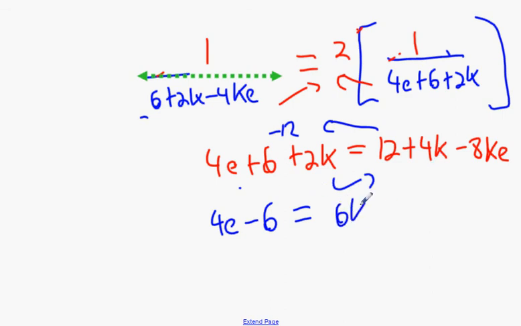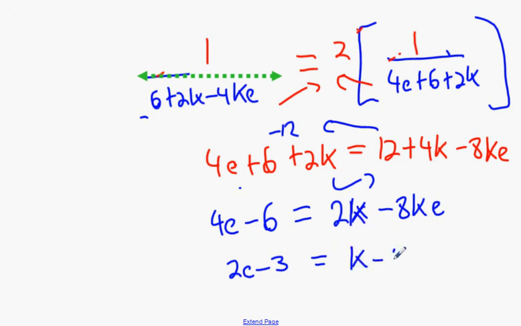Then I'm going to get 6k minus 8ke. Factorize, divide everything by 2, yeah? Yes, 2k on the right hand side, sorry. Well done. 2k on the right hand side. Divide everything by 2. Factorize out k.